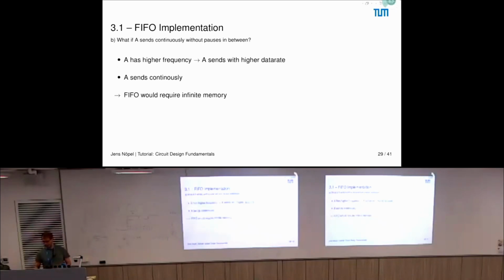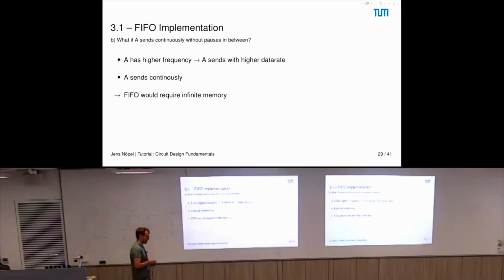Okay, then I would directly come to answering question B. What happens if module A does not send packets in a burst-sized manner? So not sending 500 packets, making a break, and then directly sending another 500, but continuously just sending data.